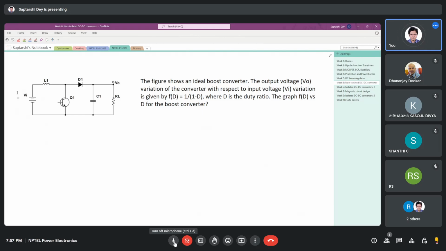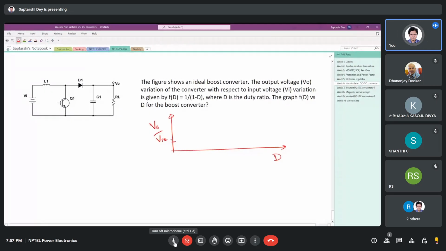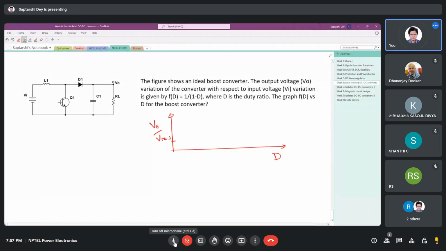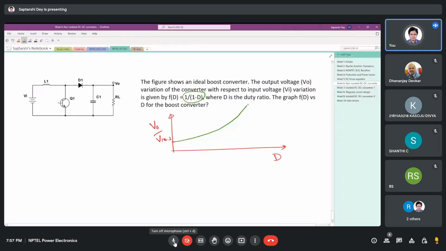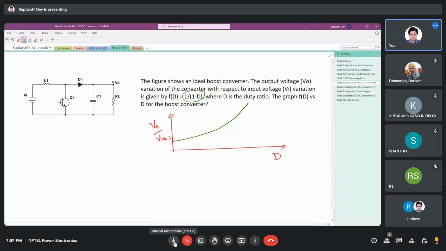The graph of V output by V input, the voltage gain, versus D. For boost converter it's minimum 1, and as we keep on increasing D, our voltage keeps increasing and reaches infinite. So what does it mean? We will get infinite voltage from a boost converter if we keep on increasing D.